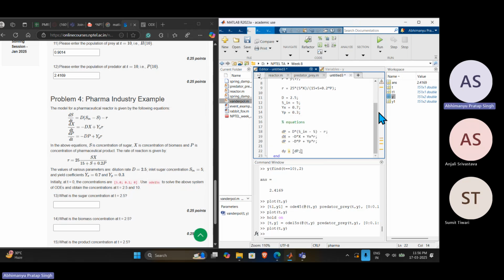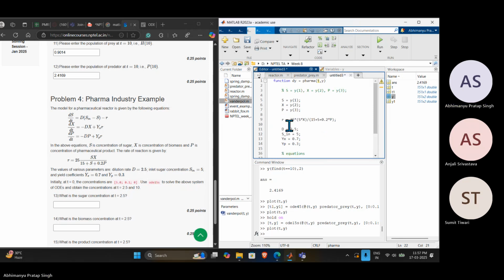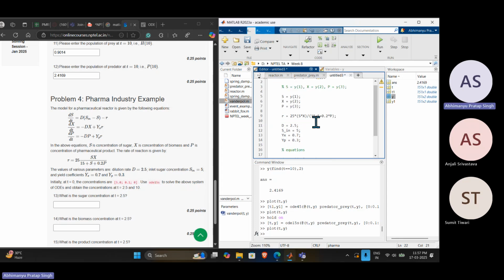So I will make this dS, dX and dP. Fine.